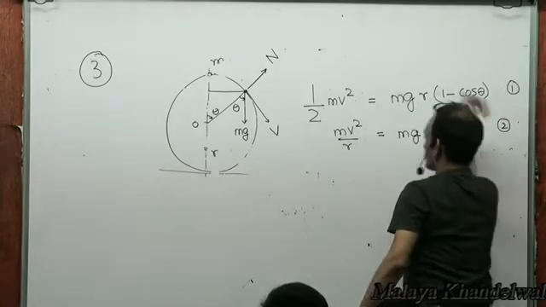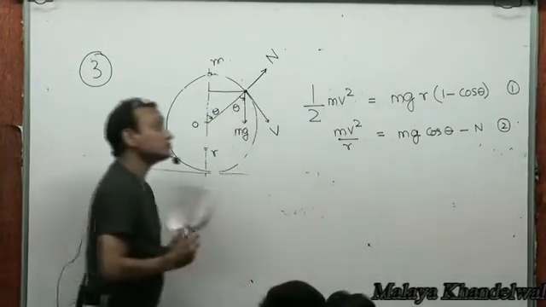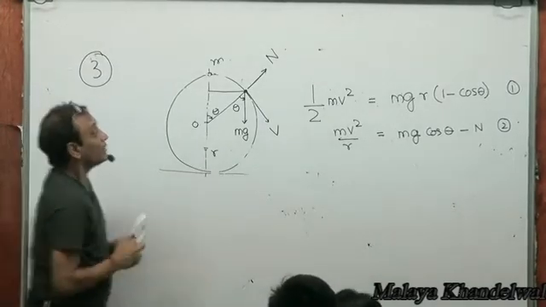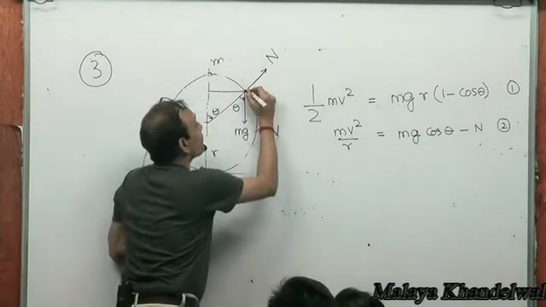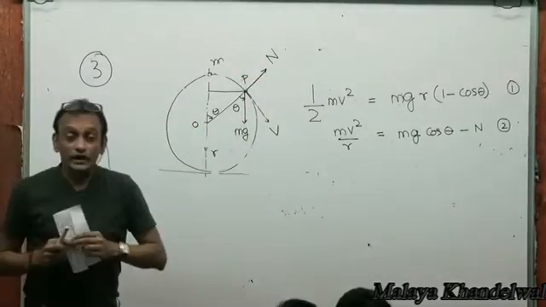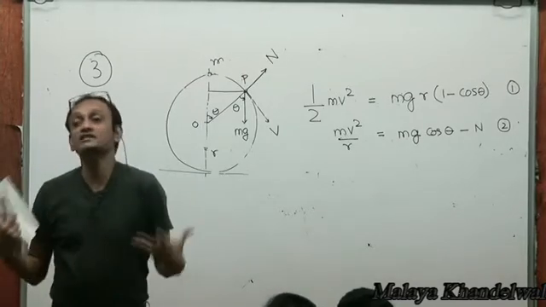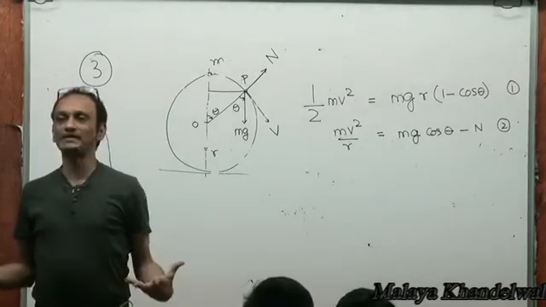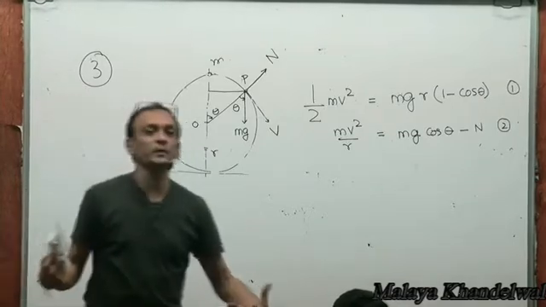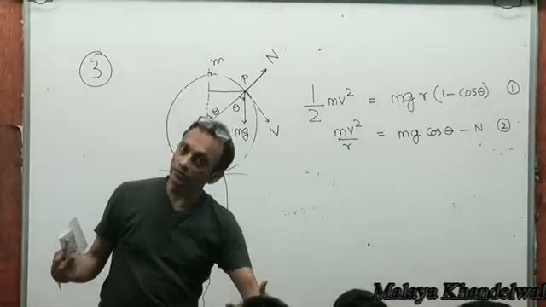Now, at some point P, when it loses contact, in mechanics, what qualifies loss of contact? N becoming 0. Right? The state where N becomes 0 is a state where there is loss of contact, right?